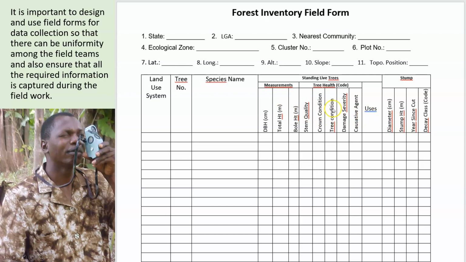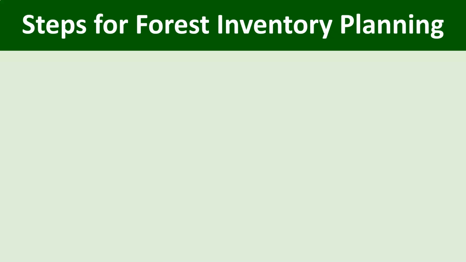So this is not cast in iron. You have to decide what variables you need, and those are the things you will put here. So with that kind of form, the team goes to the field and carries out the measurement and comes back with results. So that's very, very important.